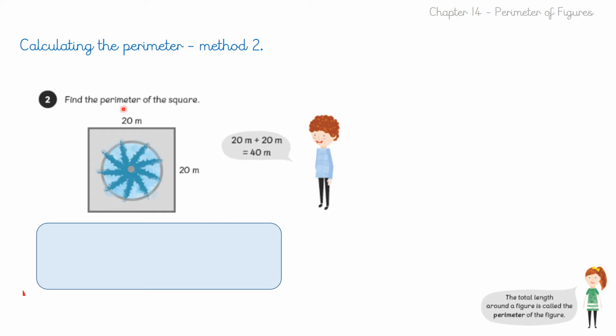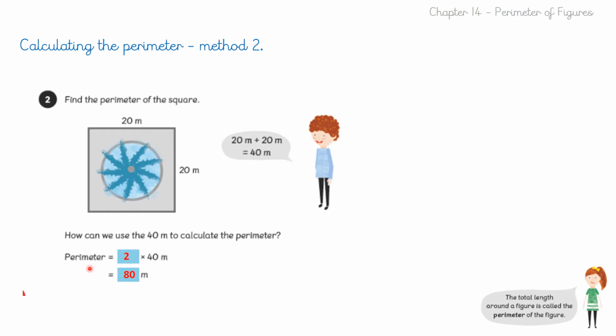So therefore, the total length of the shape will be 40 meters times 2. And it looks like this. The perimeter is 2 times 40 meters, or 40 meters times 2, and it equals 80 meters. The same as before, the perimeter of this square is 80 meters.